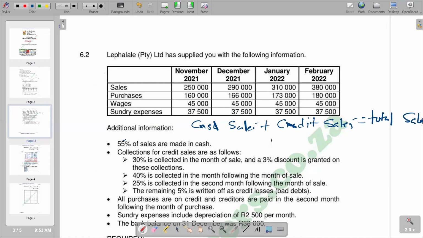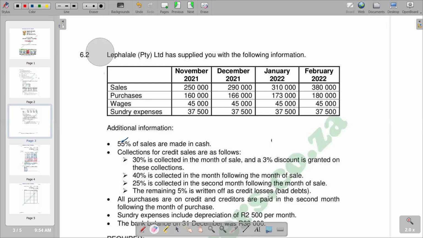We are given that cash sales is 55%. So it means our credit sales becomes 100 minus 55, which is going to give us 45. So 45% is our credit sales. That's the figure we want to use to calculate credit sales.